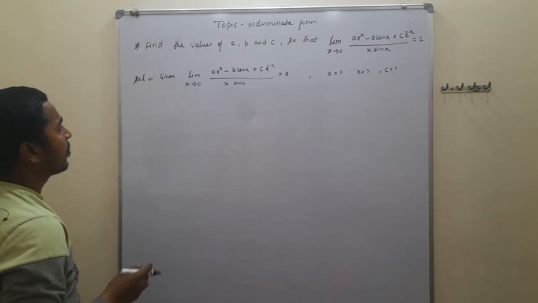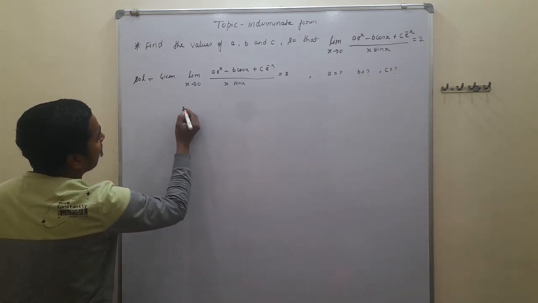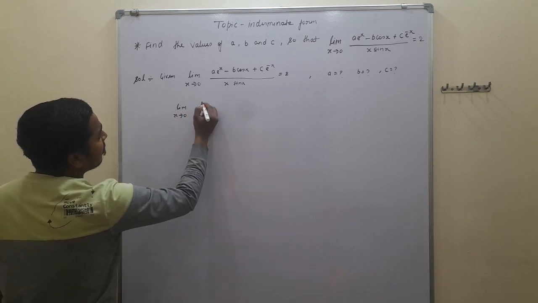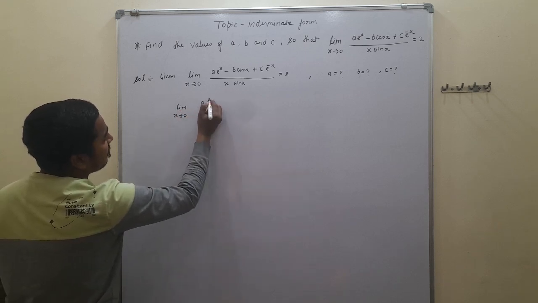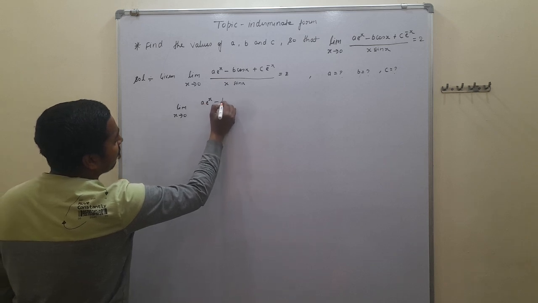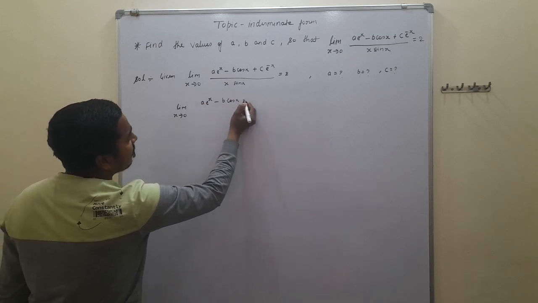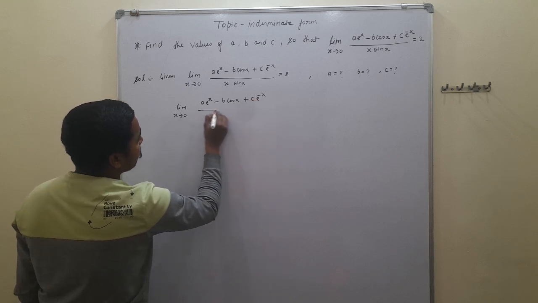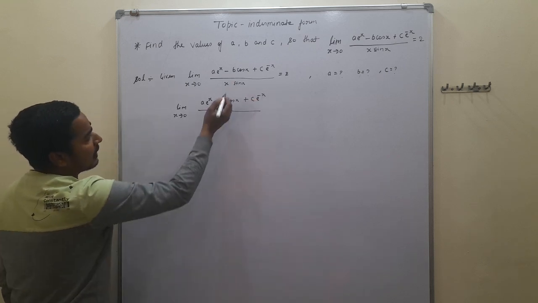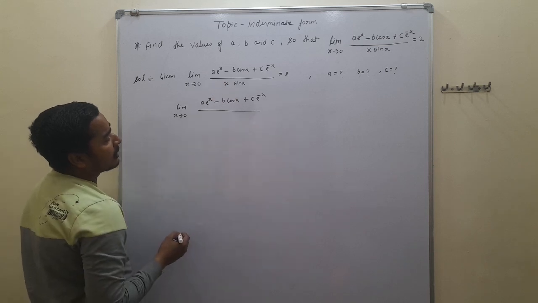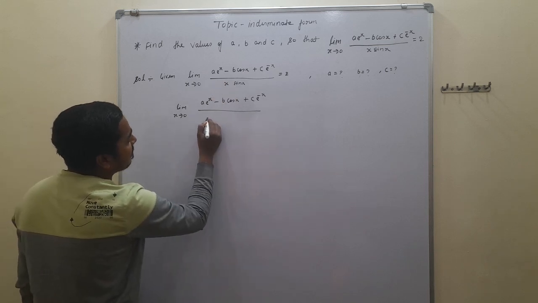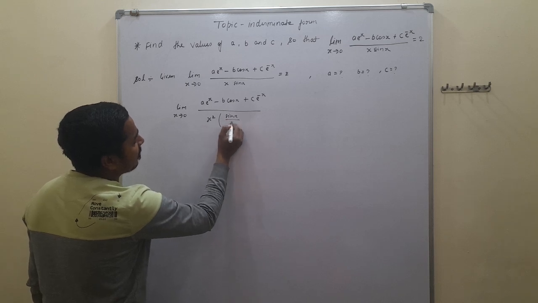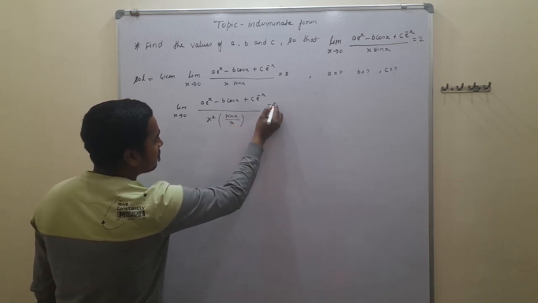We can modify this in terms of limit x tends to 0 of (a e^x − b cos x + c e^(−x)) upon, in the denominator, multiplying with x and dividing with x, this gives x square into (sin x upon x), is equal to 2.